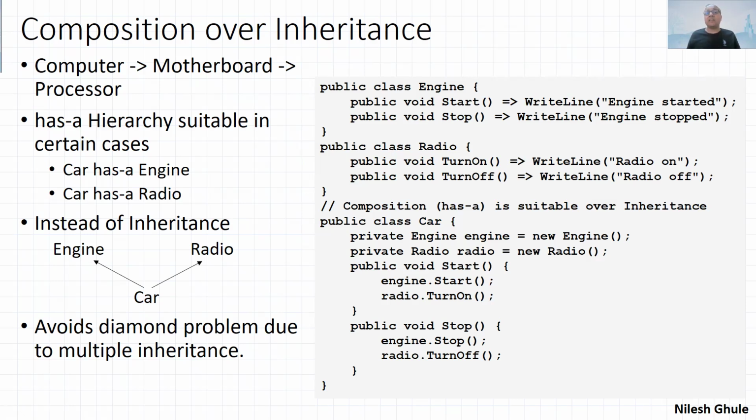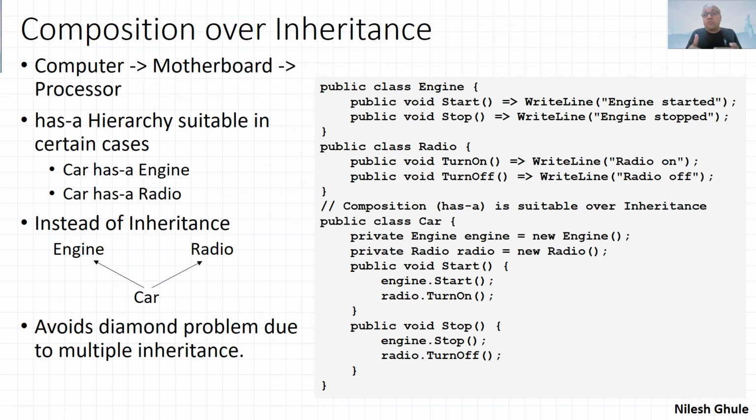This has-a hierarchy is suitable in certain cases rather than inheritance. Like the example given here, the car has an engine, the car has a radio. You do not go for inheritance, for two reasons. Number one, it doesn't fit with the is-a relationship. You never say that a car is an engine or a car is a radio. You always say that a car has an engine and a car has a radio. Yes, the has-a relationship is perfect.